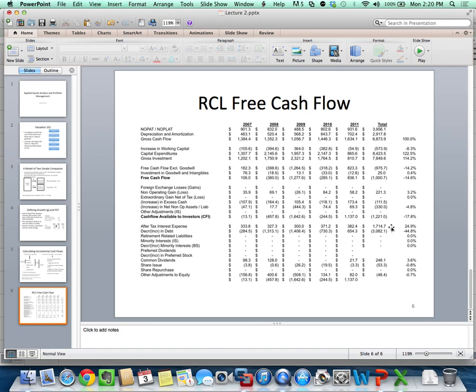I can clearly see they needed to issue the debt to fund their investment in their business, plus to fund the interest that they already had to pay. Dividends: they paid $248 million worth of dividends, pretty much none for 2 years, and only a tiny dividend in the last year of this 5-year period.